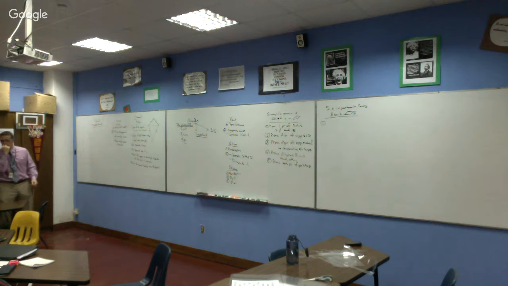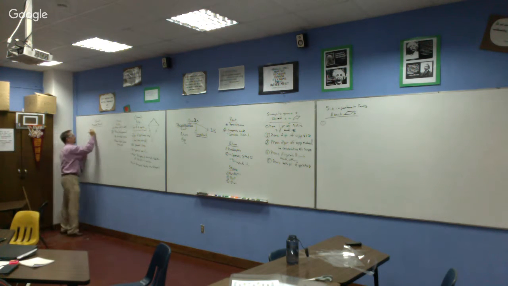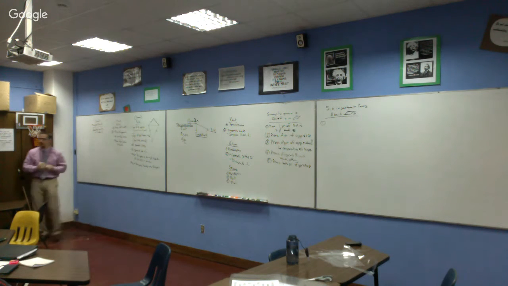Yes, one pair of sides are parallel. Okay, so we know exactly one pair of sides are parallel. Anything else? Well, we know that it's not a parallelogram, right? I guess we could put that in.